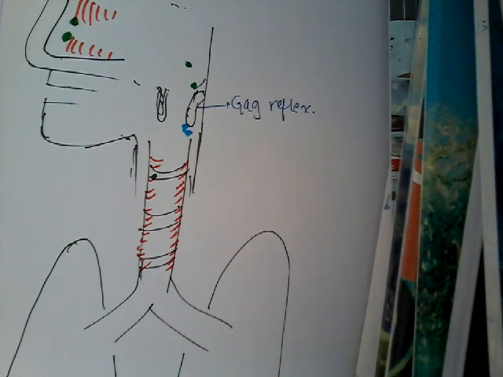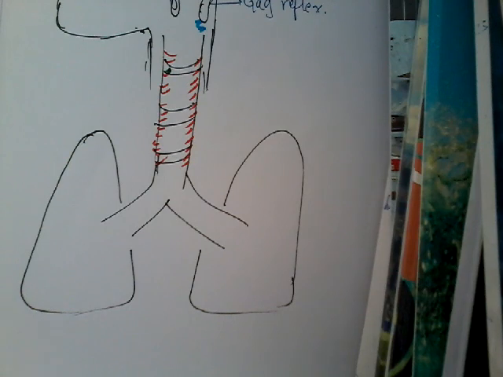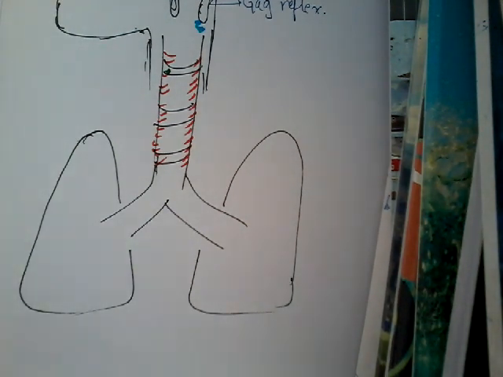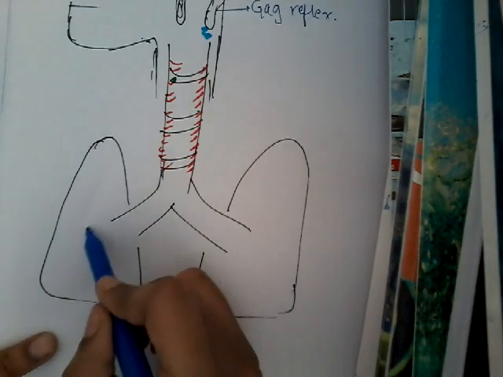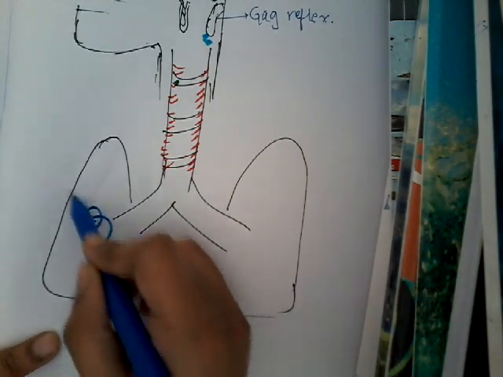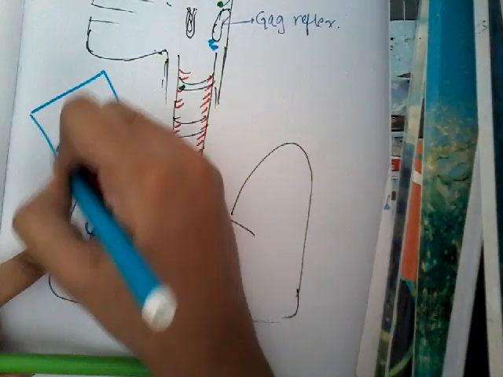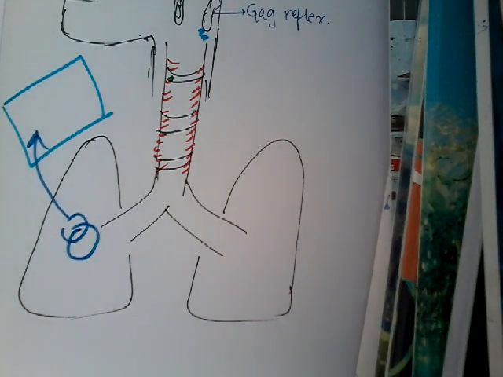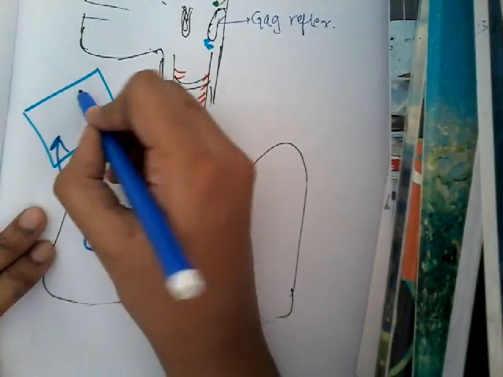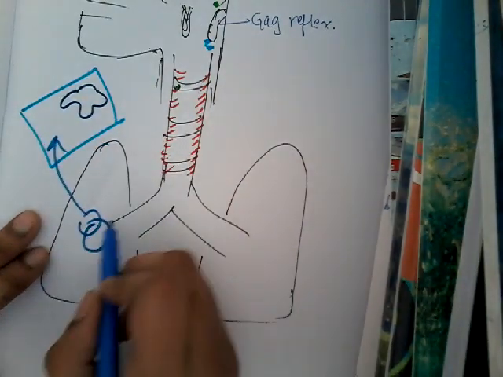One more protective mechanism is in the lungs. In the alveolar cells, we have some material. Think that this is an alveolus. When I zoom it out, we have in the alveoli macrophages or some phagocytes.